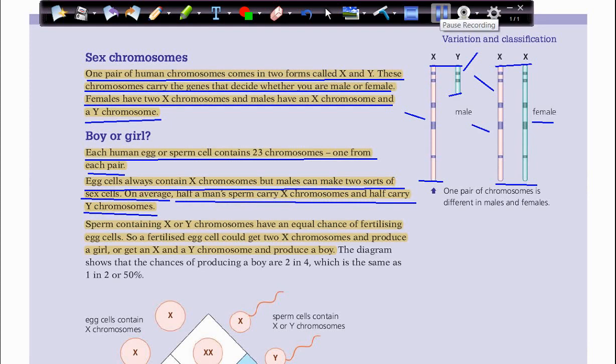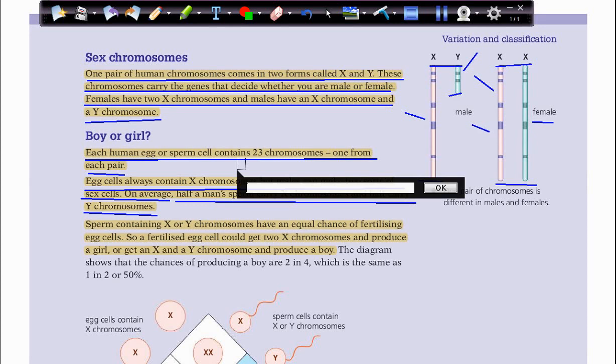Earlier we said in each cell we have 23 pairs. You have to differ between 23 chromosomes and 23 pairs. In all cells we have 23 pairs. 22 of them are called autosomes, which are any chromosomes other than the sex chromosomes. But the 23rd pair is for the sex cells.